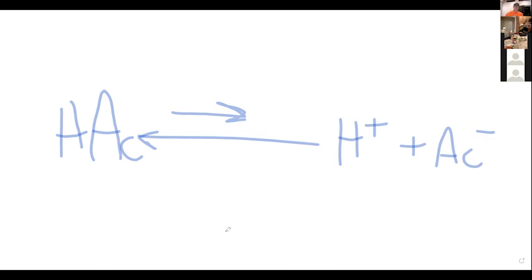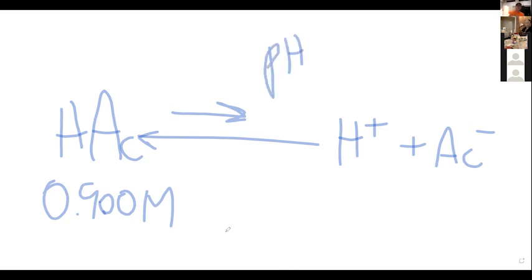You can sort of tell this because the concentration of acetic acid that we determined is going to be around, let's say, 0.9 molar. Notice that at the beginning of the titration, the pH was around 3, meaning the concentration of H plus is 10 to the minus 3.